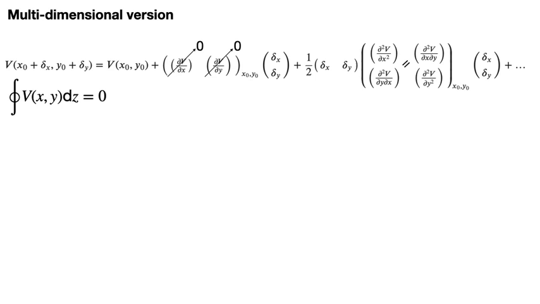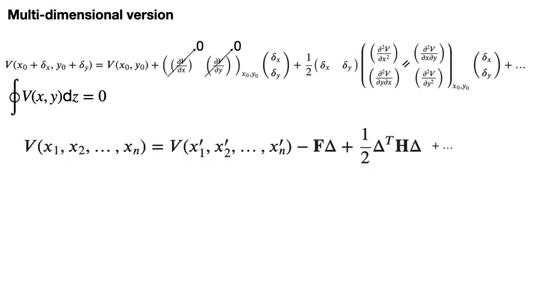Once we recognize that we can use matrices and vectors to write out a two-dimensional analogue of the one-dimensional Taylor series, as we have done at the top of the slide, it is easy to see how we can write a Taylor series to expand a function of n coordinates, as shown here.